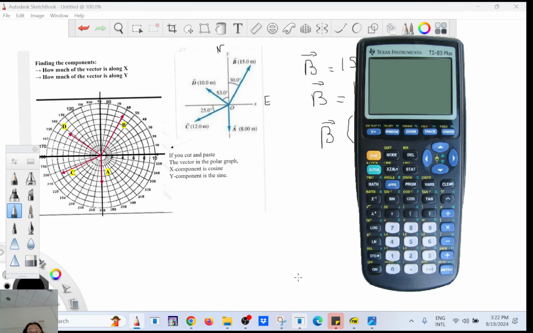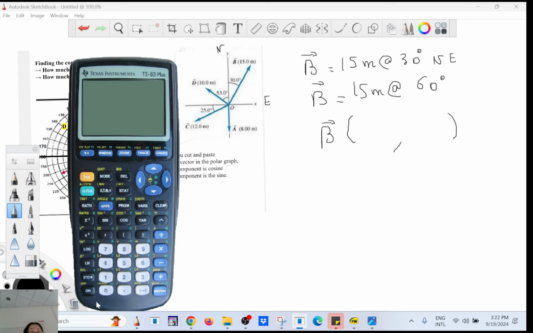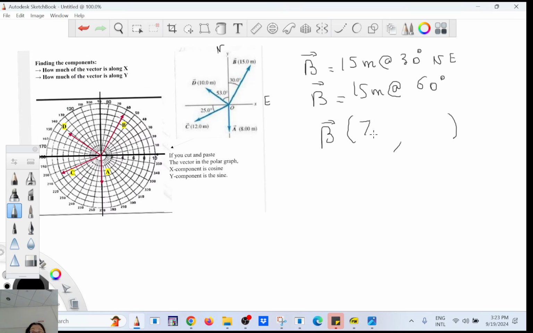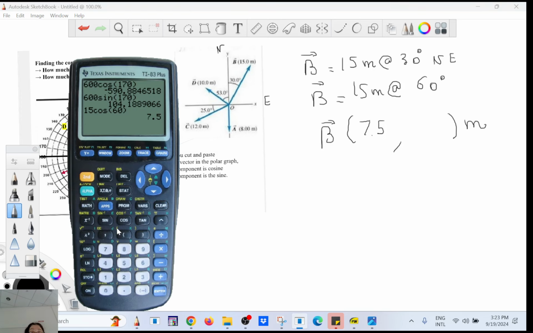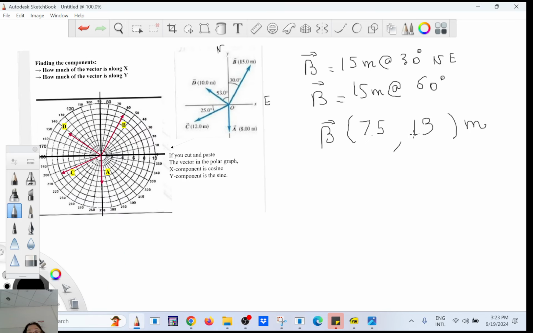Okay, so you take your TI. Cosine 60 is half. Okay?